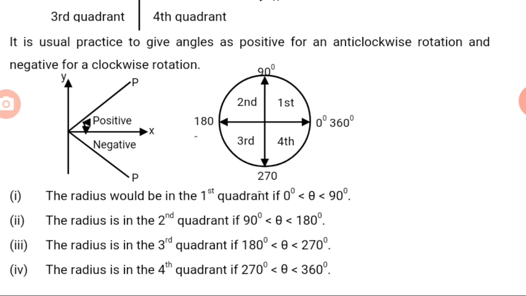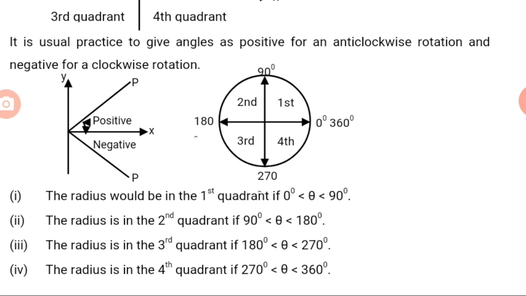Now, from this figure, let us generalize what we can see there. That is the summary of what we can learn from this figure above. The radius will be in the first quadrant if 0 degrees is less than theta and theta is less than 90 degrees.